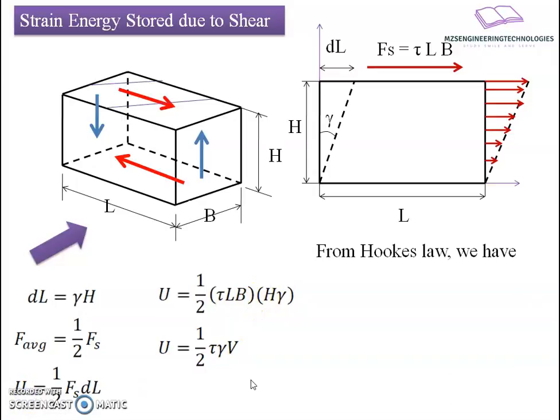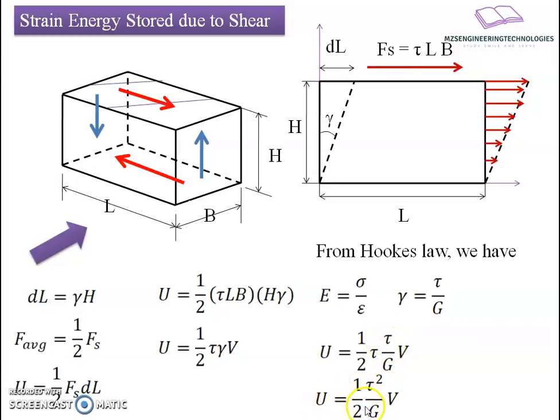As we know from Hooke's law, E equals sigma by epsilon and gamma equals tau by G. I will place this relationship in the basic equation, 1/2 of tau into gamma into volume, thereby replacing gamma. It will be 1/2 of tau into tau by G into V. What I have done is replaced the strain value, that is the gamma value. So the relation I get is U equals 1/2 of tau square upon G into V.